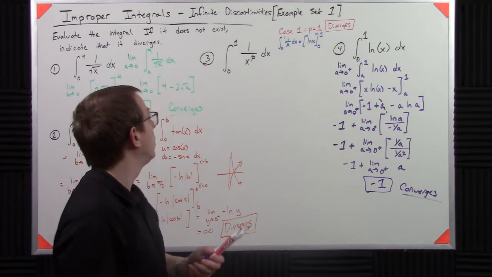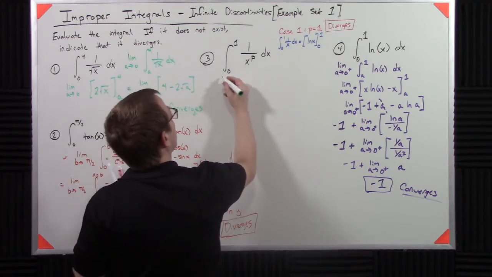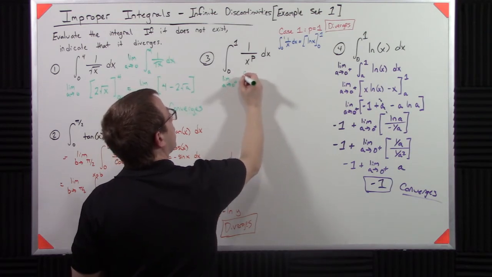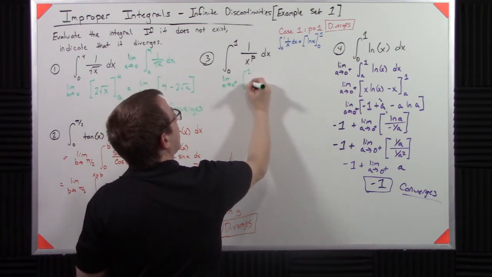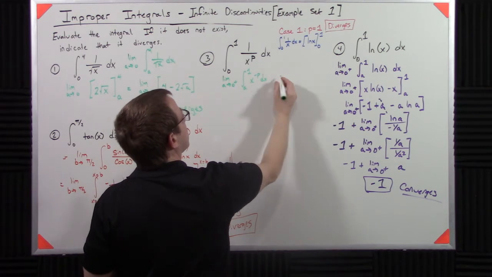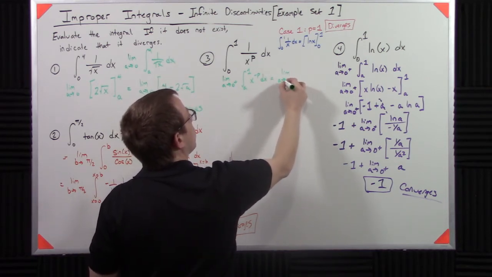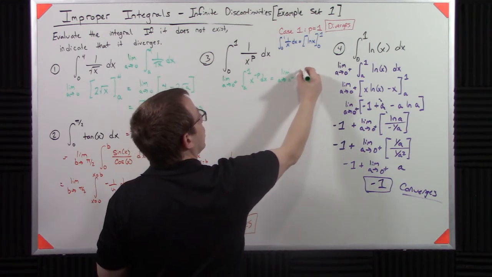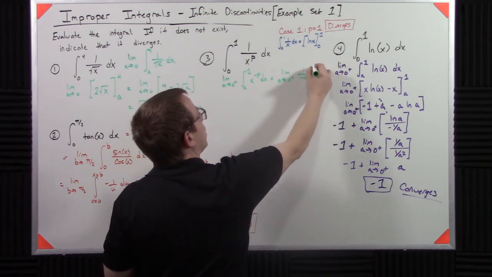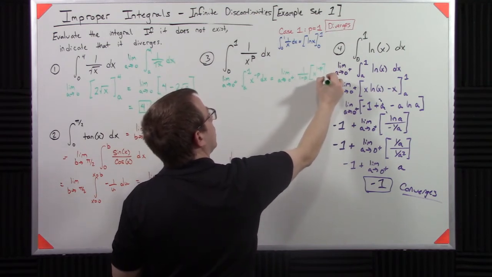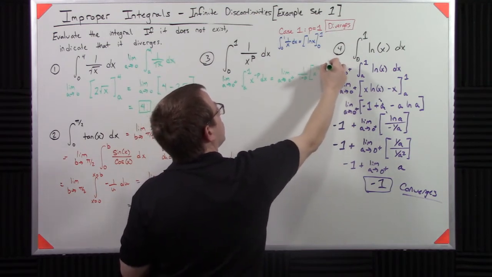We have the limit as a goes to 0 from the positive side of the integral from a to 1 of x to the negative p dx, which is the limit as a goes to 0 from the positive side of 1 over 1 minus p, x to the 1 minus p from a to 1.